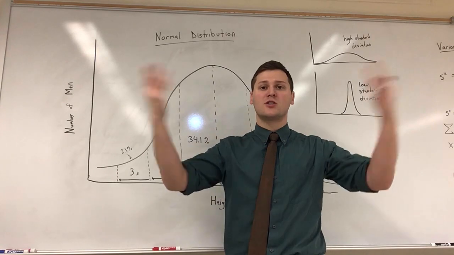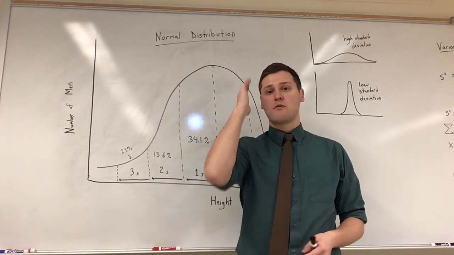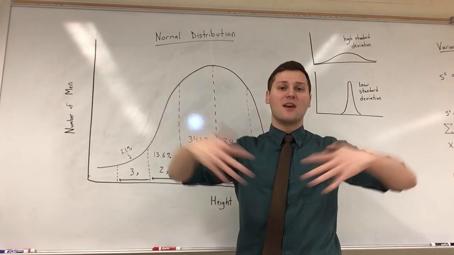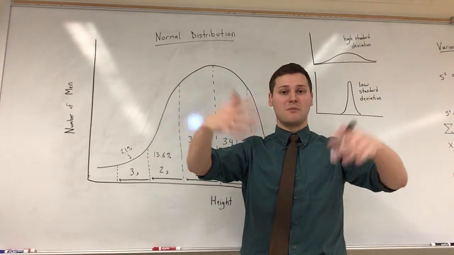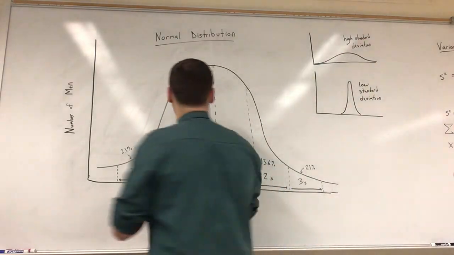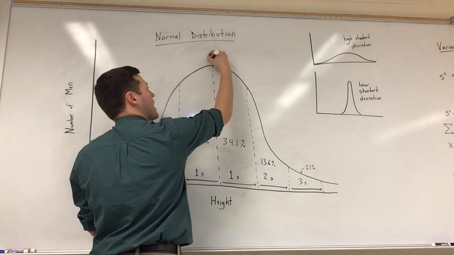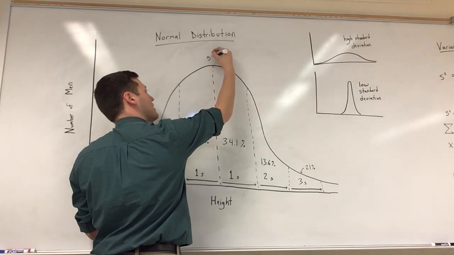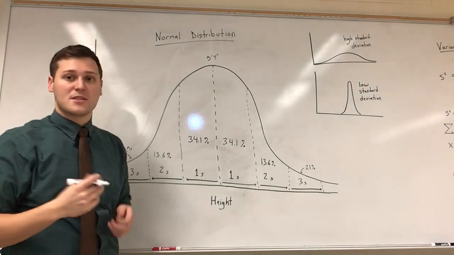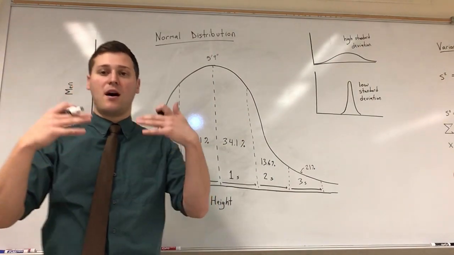Let's say 100 students take an exam and the average was a 75. Or better yet, let's say we have tons of men on this earth, and the average height of those men is about 5'9". Let's say 5 foot 9 inches. So that's the average height of a man.